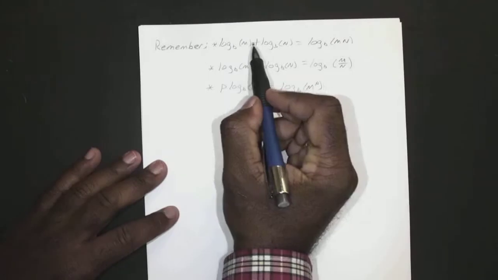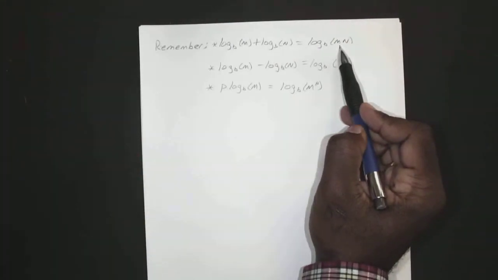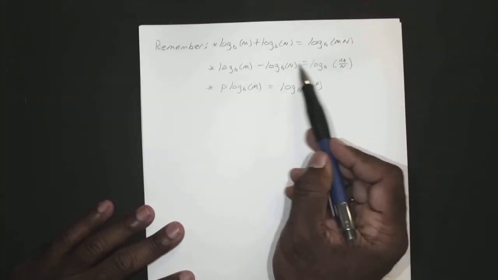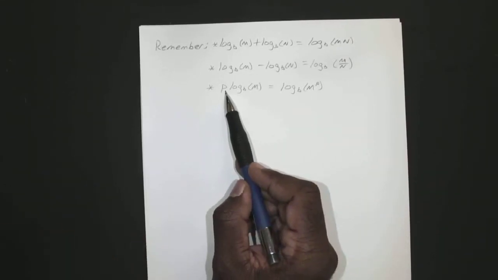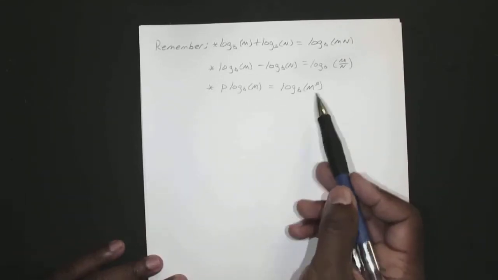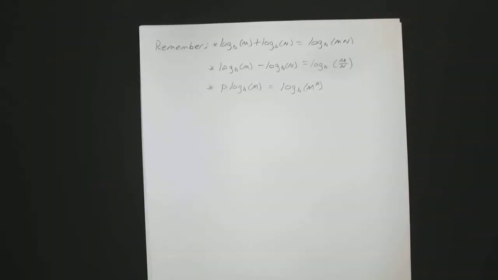Okay, so you know whenever you see the plus sign, it's going to be product. Whenever you see the minus sign, it's going to be quotient. And whenever you have a constant or coefficient, you're just going to bring that up and make it into an exponent.